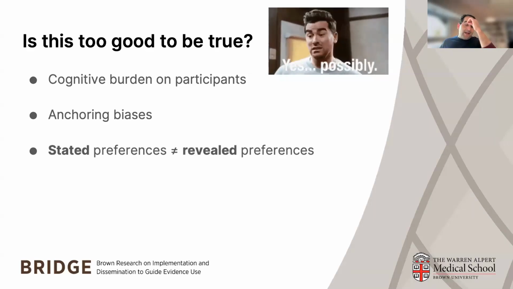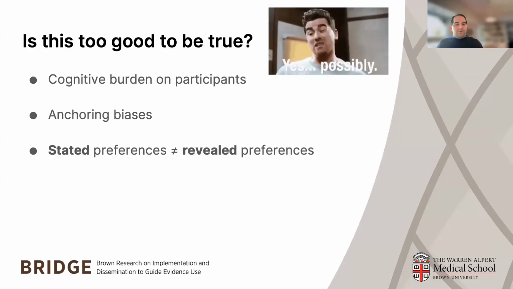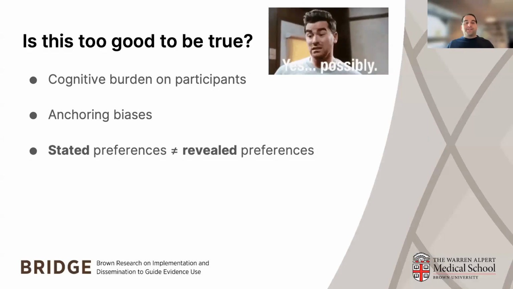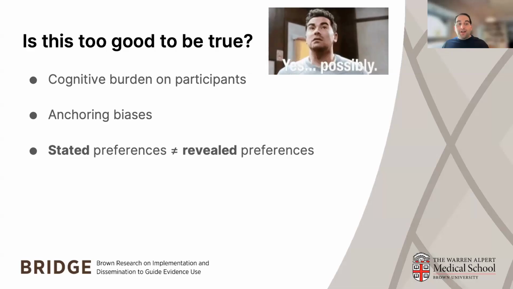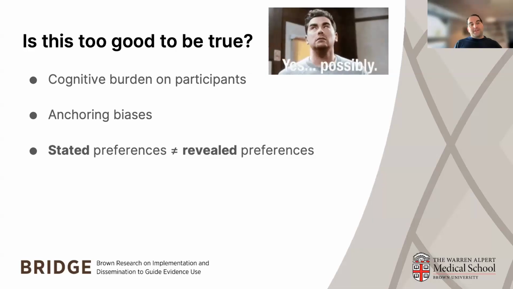The other reality that we have to contend with in the discrete choice experiment is that people's stated preferences don't always match their revealed preferences. What I mean by that is that we can ask people hypothetically which of 2 or 3 products or services they might prefer, and those will reveal specific insights about what components of a service we may want to make available.